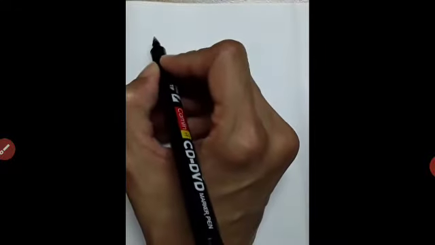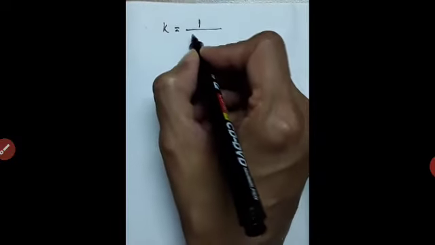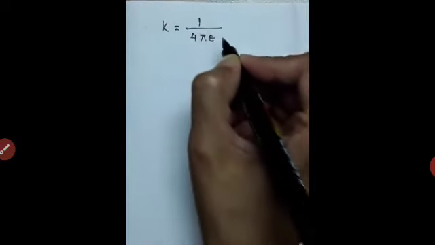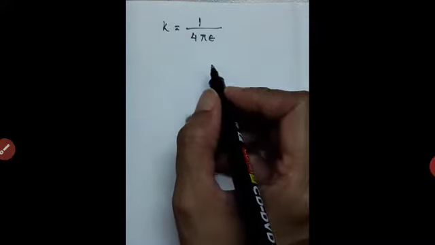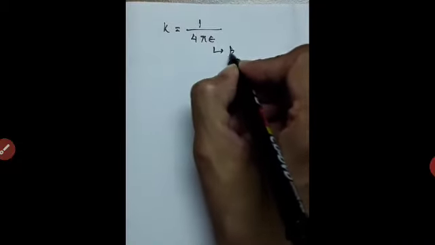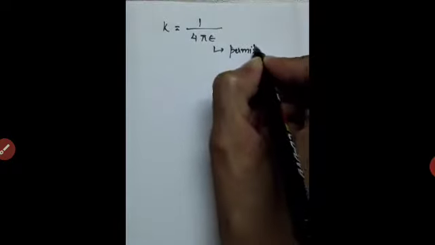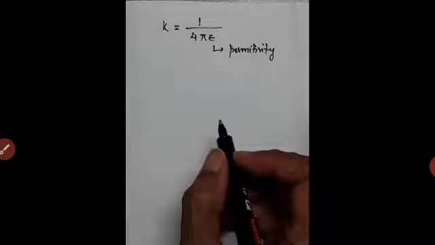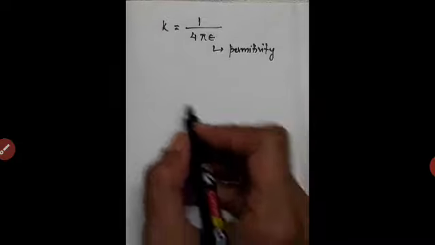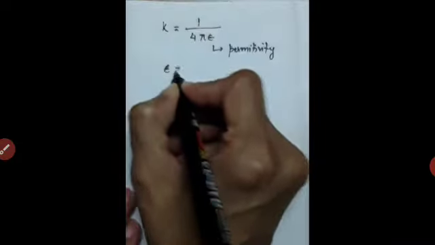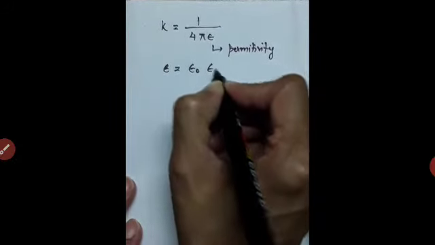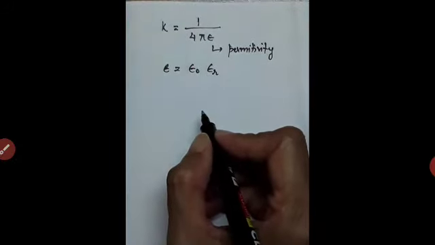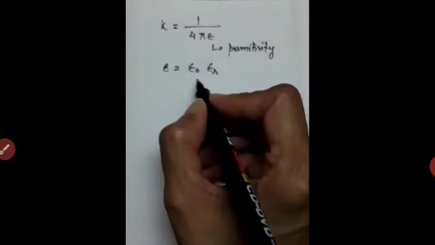Let us now see the value of Coulomb's constant K. Coulomb's constant, small letter k, is given by 1 upon 4 pi epsilon. Epsilon is a Greek alphabet which gives us the permittivity of the medium. So this is a value of a medium that is taken into consideration. This permittivity is written as epsilon naught into epsilon r. Epsilon naught is the absolute permittivity of free space.